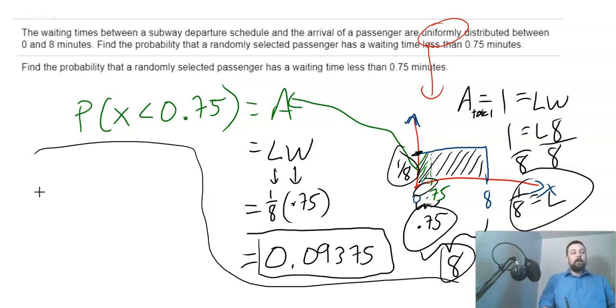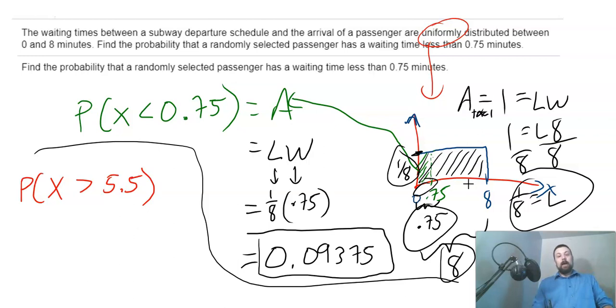So what about asking, what is the probability that the wait time will be greater than, let's say 5.5, just making up a number. All right. So going back to this chart, again, I'm really limited in the number of colors I have access to. I'm going to try red, even though the axes are in red.